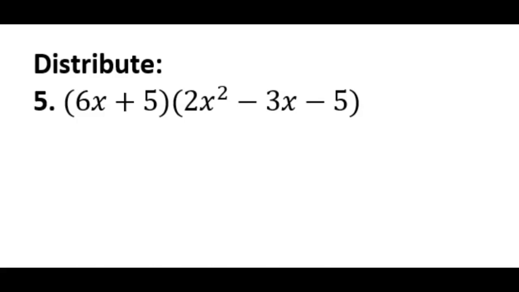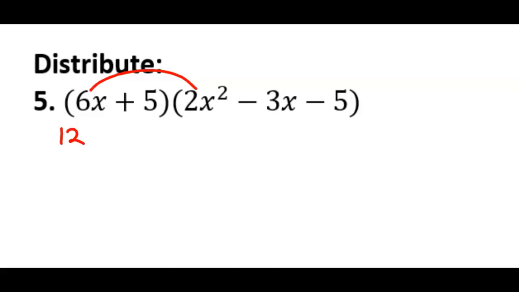Okay, so number 5, we're still double distributing. We still only have 2 things here, right? What is the first thing that I'm multiplying with? 6x. And I am multiplying it to what? 2x squared. 6 times 2 is?